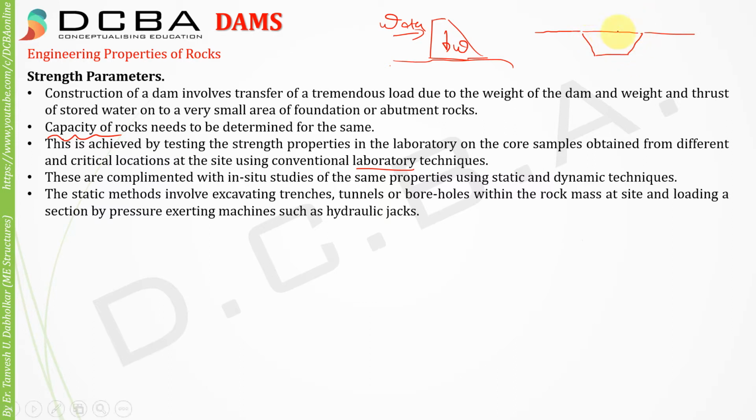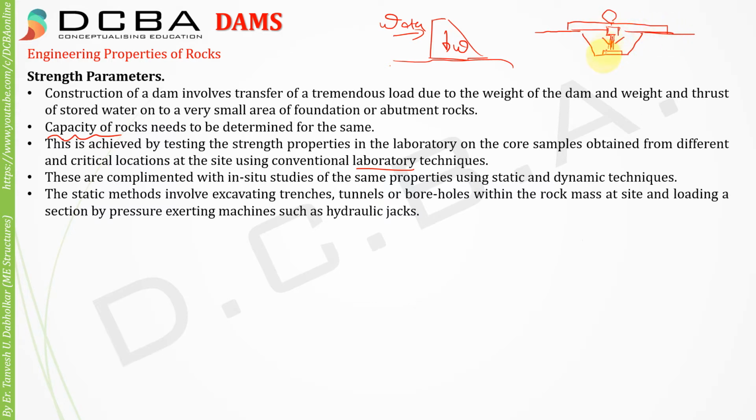So when you excavate a trench, it will look something like this, and then here you put a plate and you load that plate using a hydraulic jack. Okay, so this is a sort of hydraulic jack that you use, and that entire assembly is placed like this.